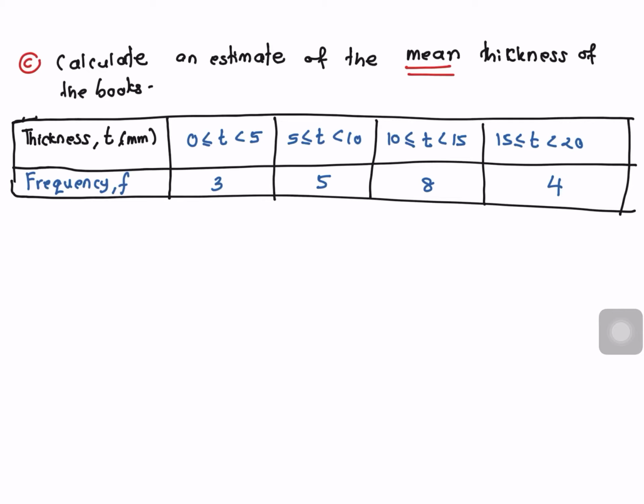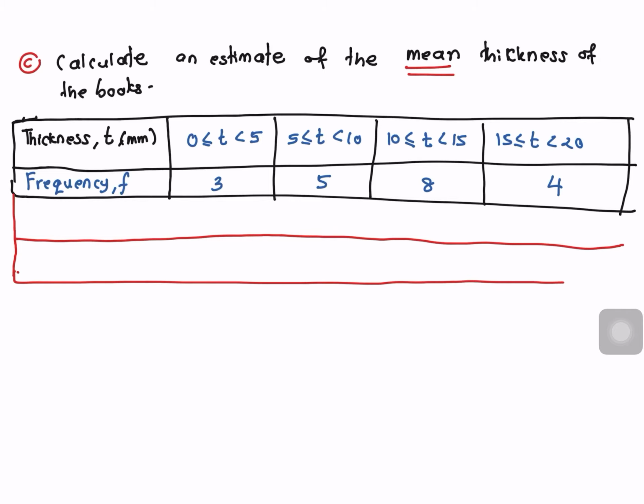So just add another 2 rows to the table. It's easier for us to find the midpoint and m times f. It's easier.